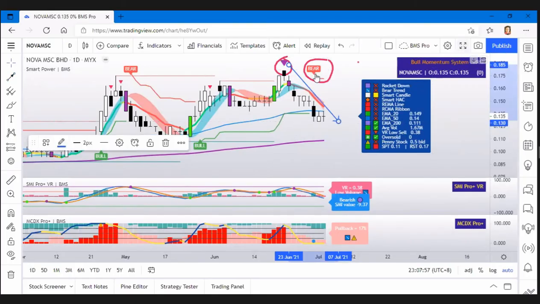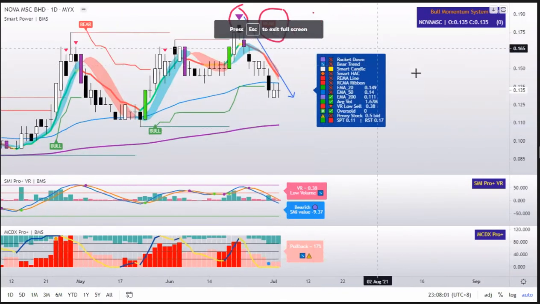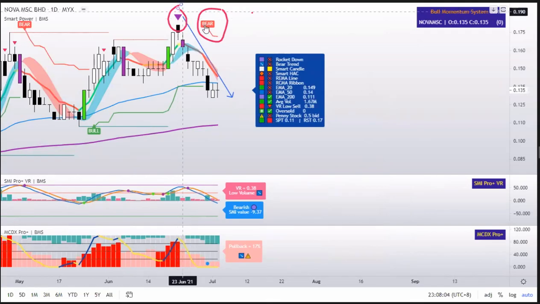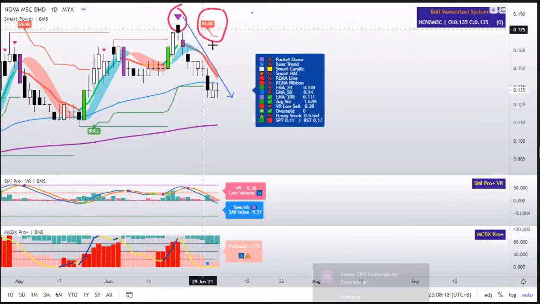It's confirmed. So if you use my BMS indicator, you can see the purple arrow, bear, and the price will surely drop. No need to wait and see. It's a very strong bearish signal you can see here.